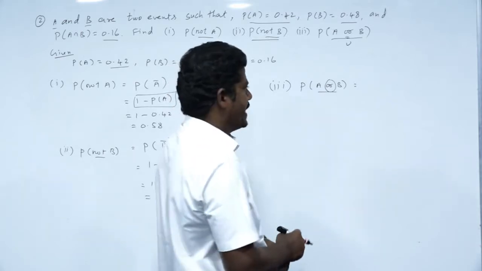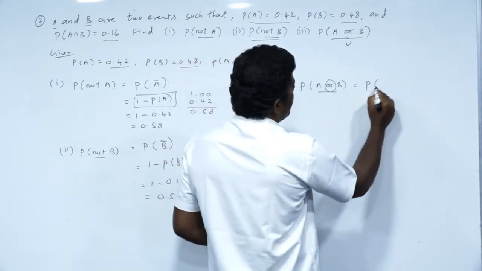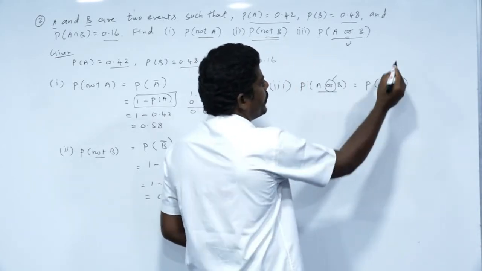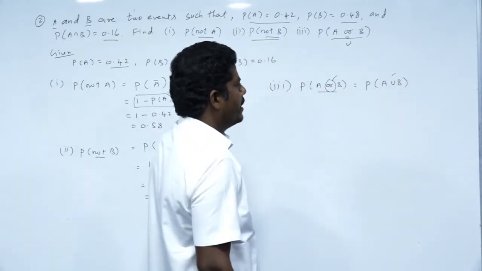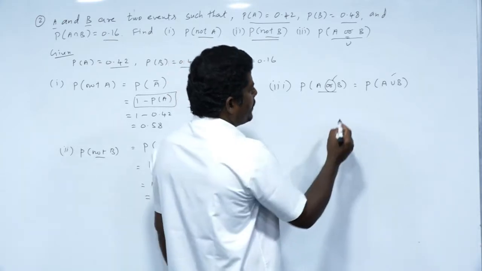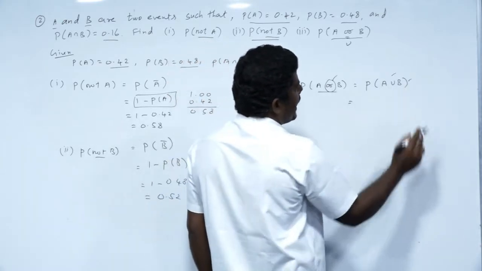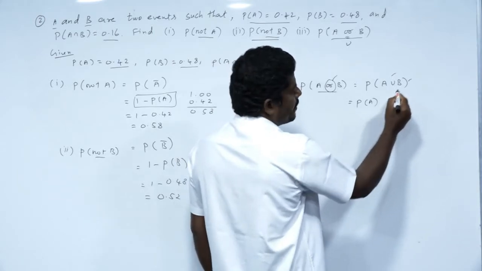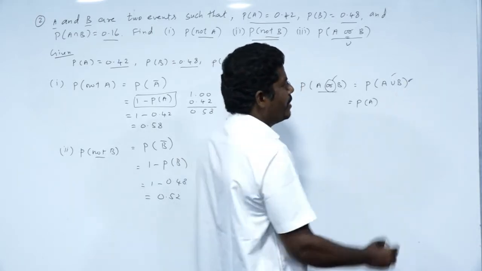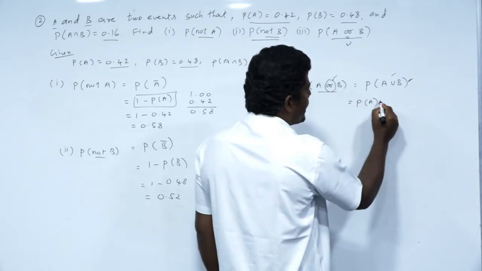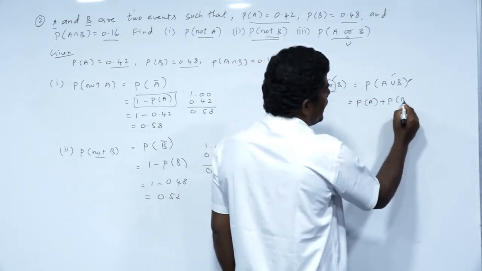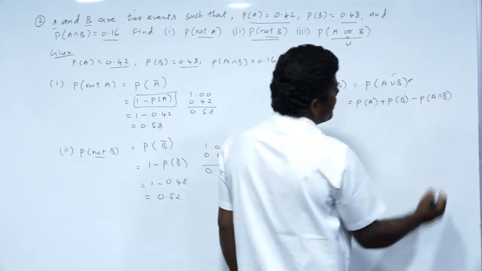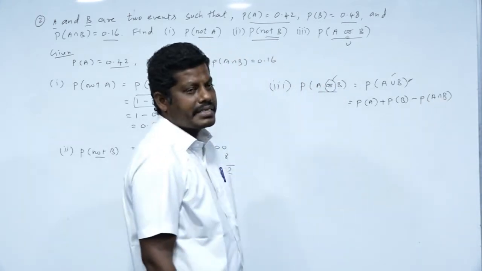Or means union, so it is probability of A union B. This is the formula: probability of A union B is equal to probability of A plus probability of B minus probability of A intersection B.